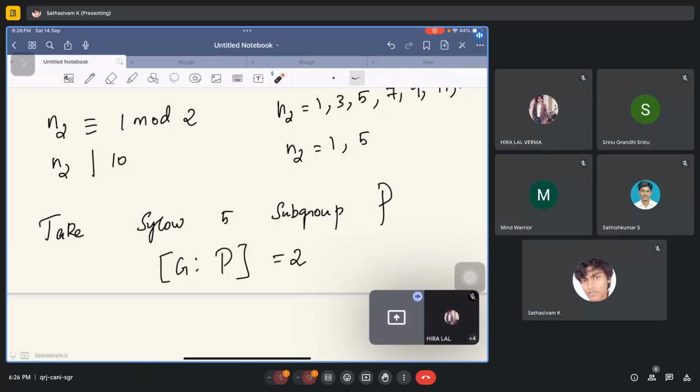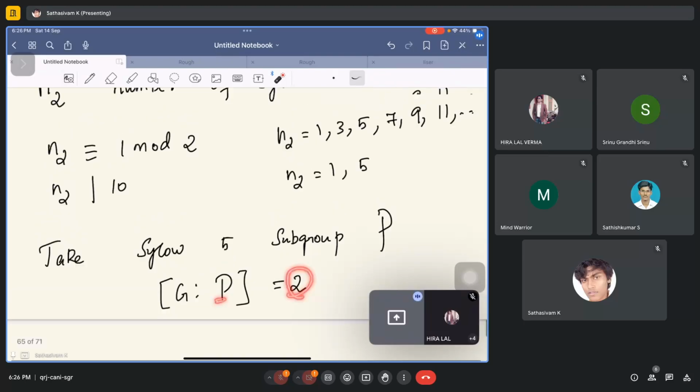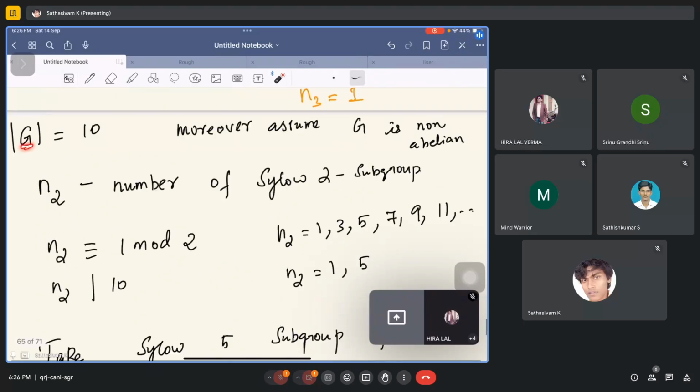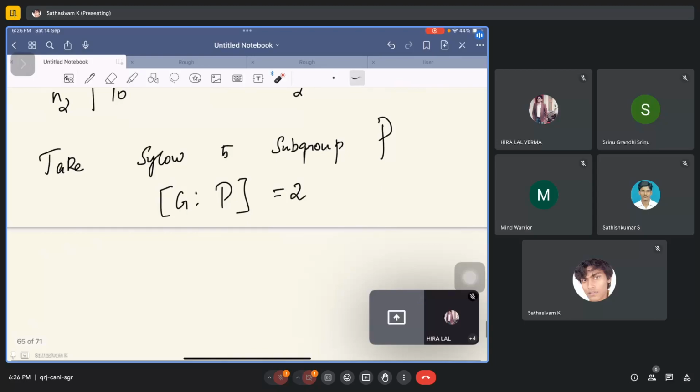So this is a subgroup of index 2, and 2 is the smallest prime that divides the order of the group. So any group of index 2 is basically normal.